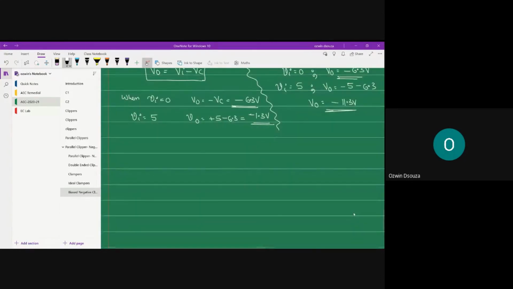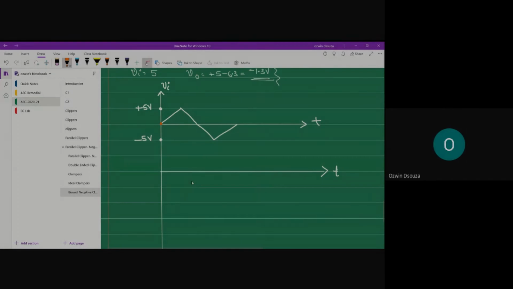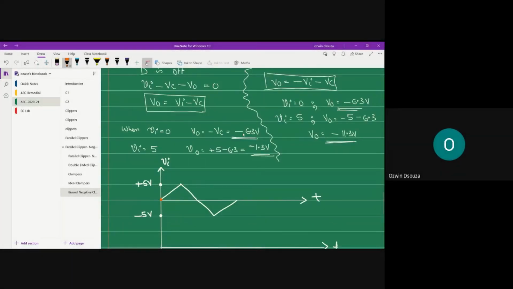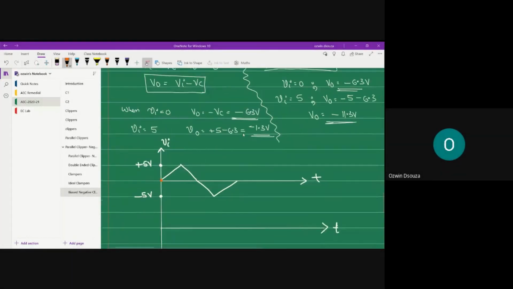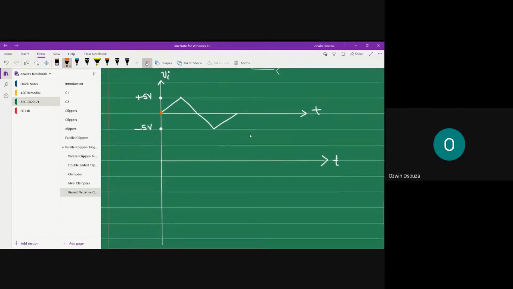So you know the status of the positive half cycle of the output as well as the negative half cycle of the output. So you can quickly draw or plot the waveform. When your input is 0, output is minus 6.3. So minus 6.3 is somewhere here.